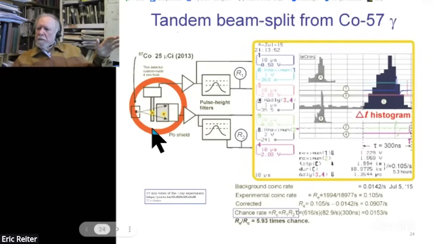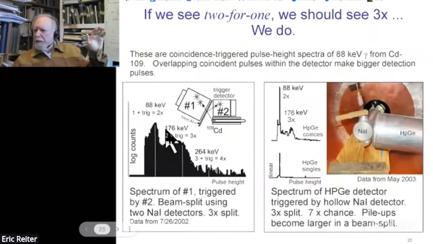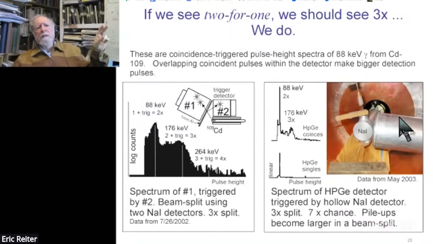So this is a giant lead shield that I did many experiments with. The lead shield is not necessary. This is inside the lead shield. So if you see 2 for 1, should we see more? 3 for 1? Well, we do.